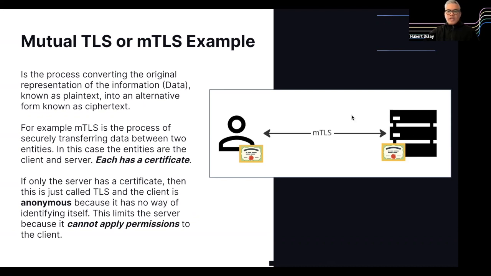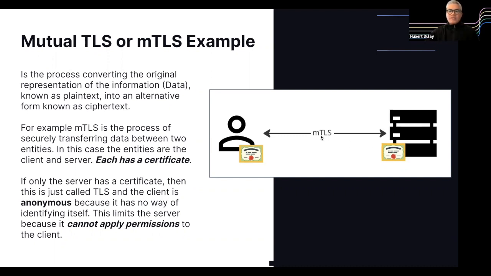So this is a diagram here with the server and a user, or this could be an application, both with a certificate. These are like encrypted, math-generated code inside some kind of protected file. And these represent each, the server and the client. So this is a client certificate, and this is a certificate to the server.